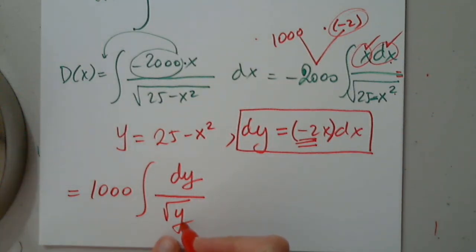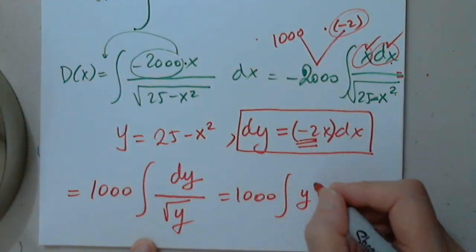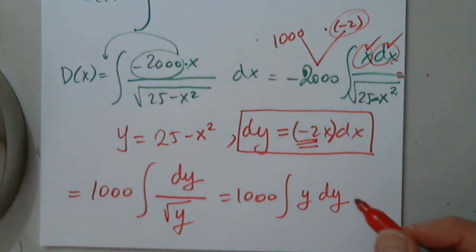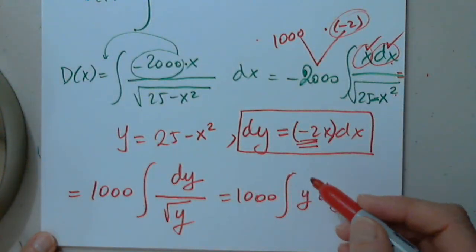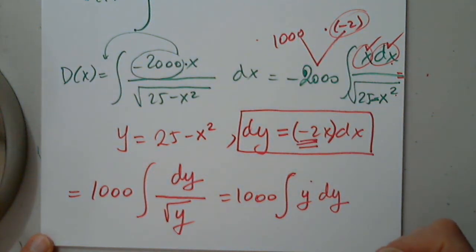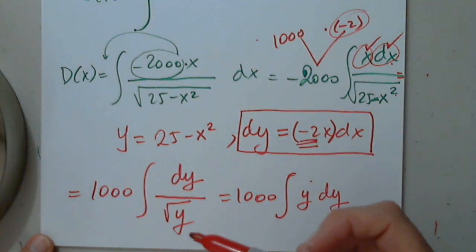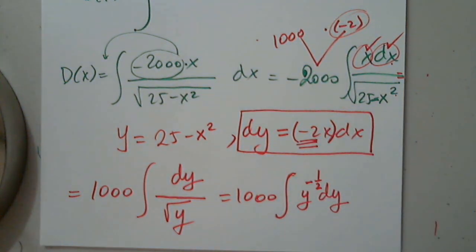All I have to do is replace this by what? Y to which power? Negative 1/2. Very good. It comes from the denominator. It has to be negative. Awesome.